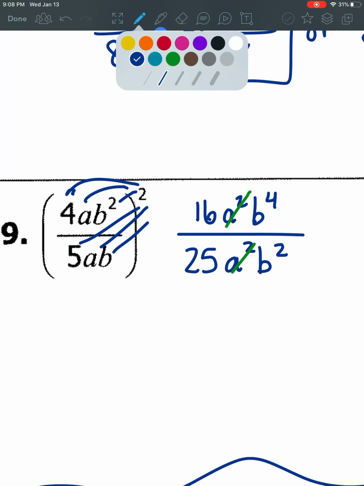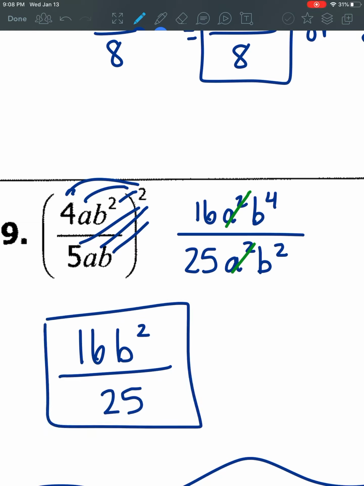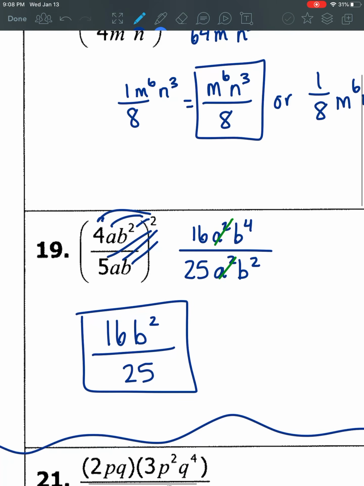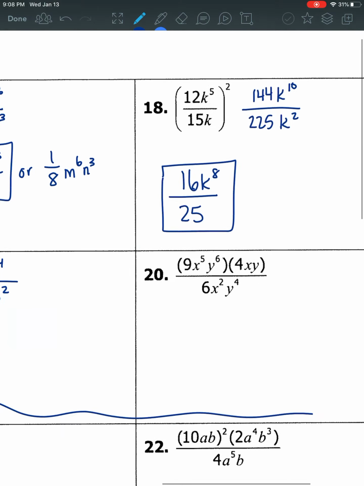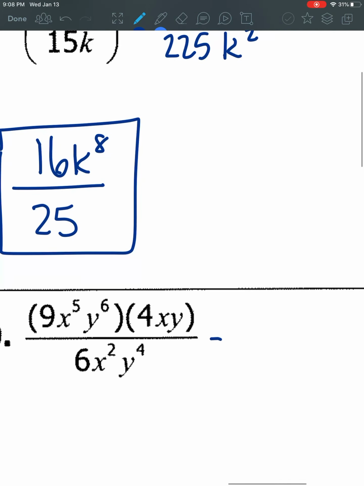A squared, they're the same, so those are going to cancel. And then we'd get b squared on top, so 16b squared. I do not like using b because I think b often looks like a 6, so be careful. That does say 16b squared over 25.